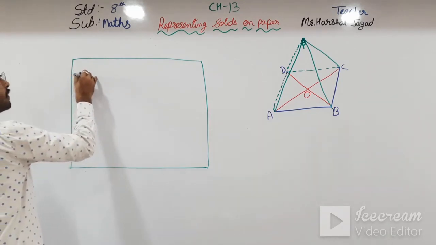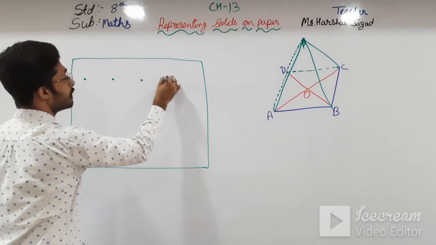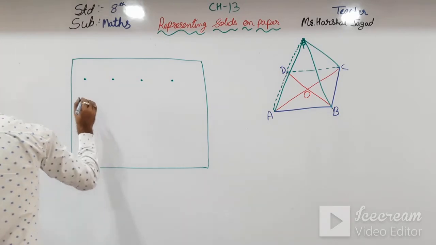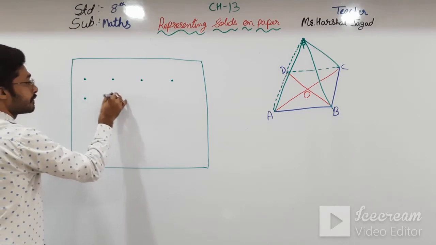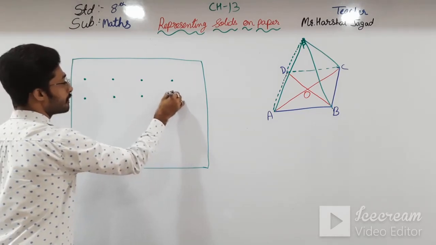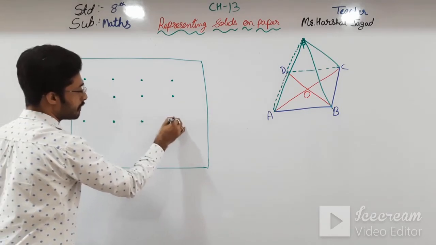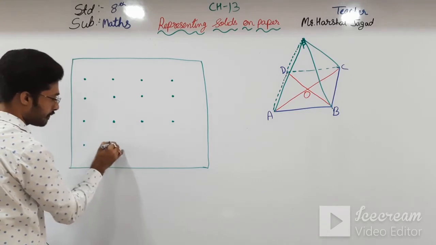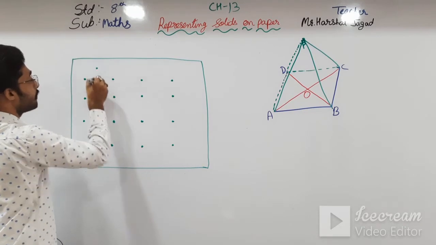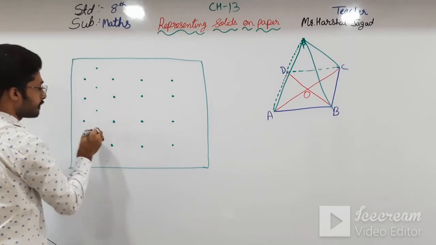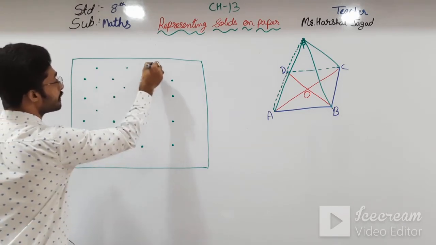So these are the points of the isometric paper.